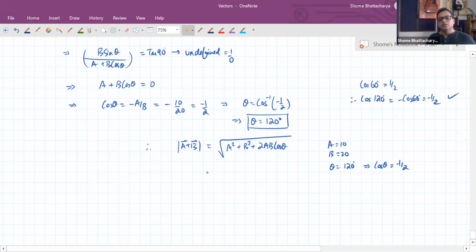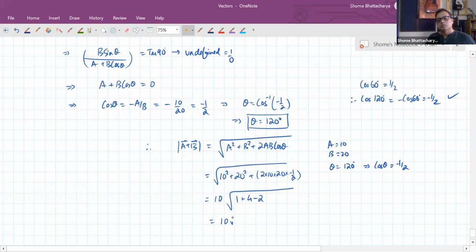So when we do that substitution next, you can see we will get, okay, if we take 10 common, ten root 3. So magnitude of A plus B becomes 10 root 3 units, and theta is 120. So these are the two answers.